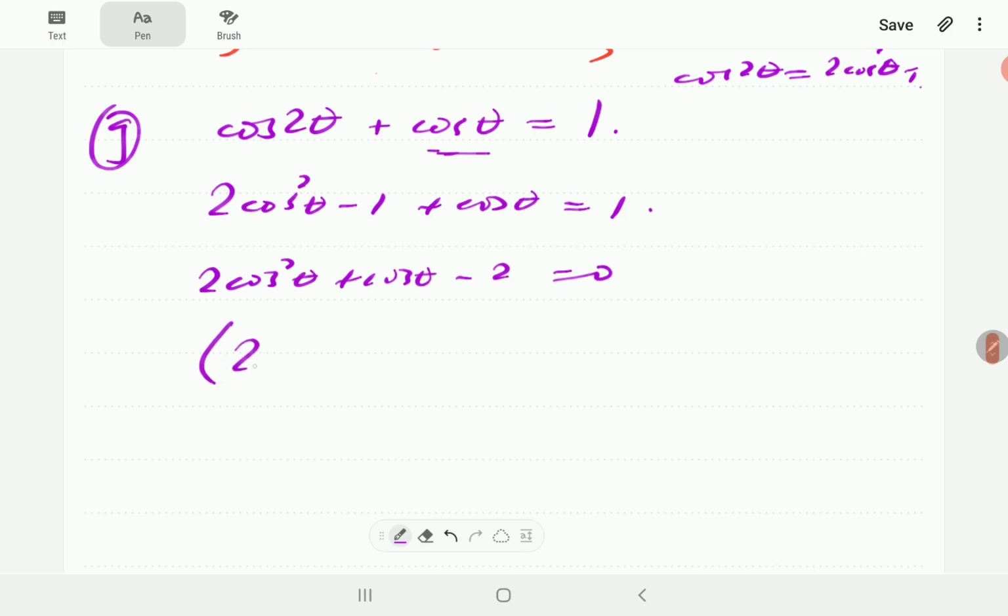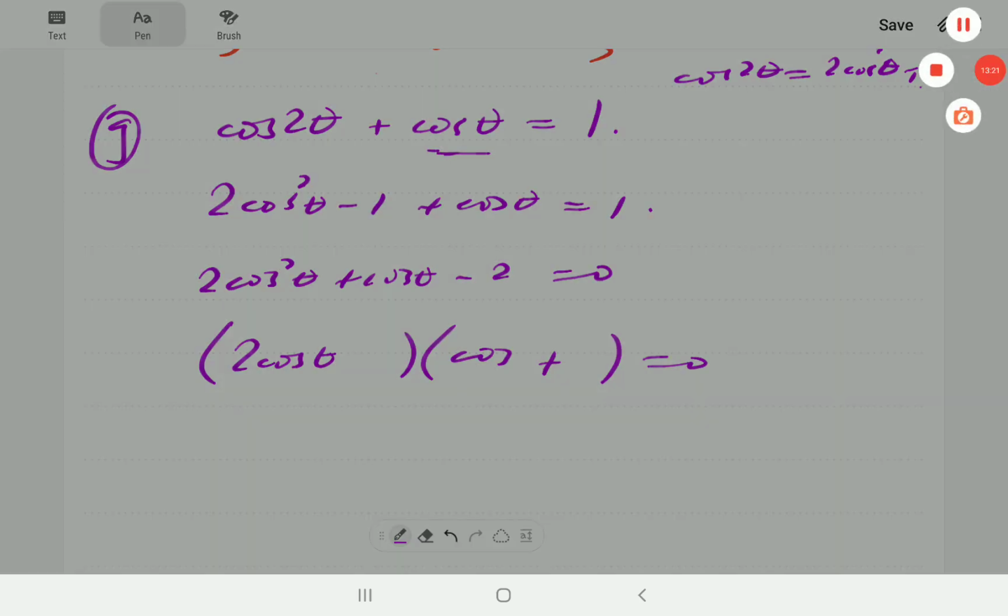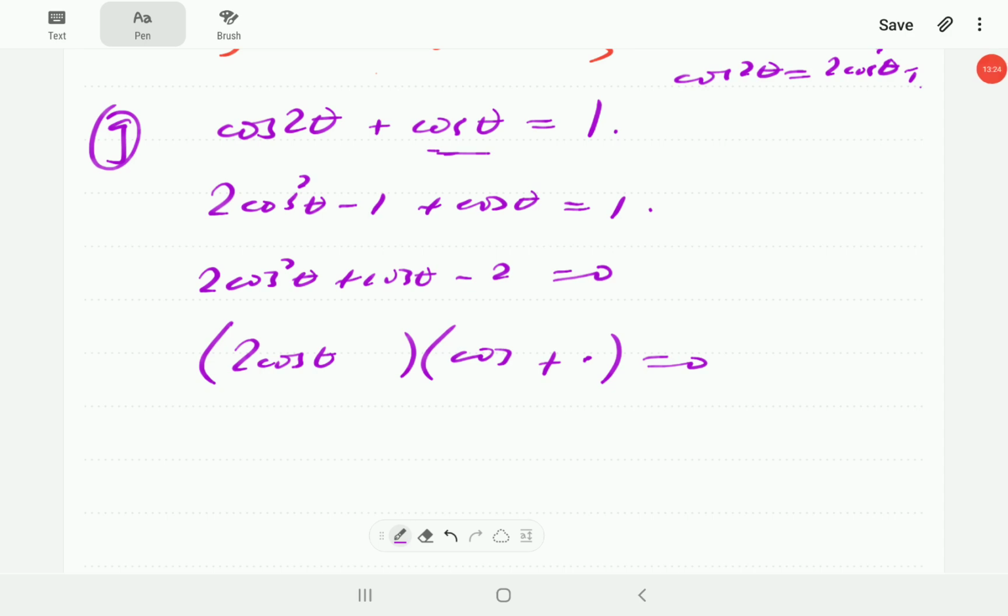So this is going to be 2 cosine squared theta plus cosine theta minus 2. This is a quadratic in cosine, so we can try and factorize it. One of these is going to be 2. Okay, I think this question has got a typo, otherwise it's working out to something more complicated than we want.